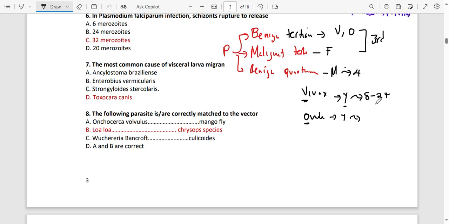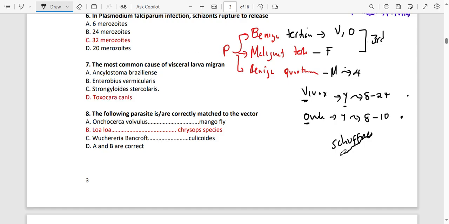So the merozoites are a bit fewer. It has only 8 up to 10 merozoites. What you should know about ovale and vivax is that they show what is known as Schüffner's dots, I don't know the pronunciation of the word. So these two have these dots that you'll be able to see in their structure.